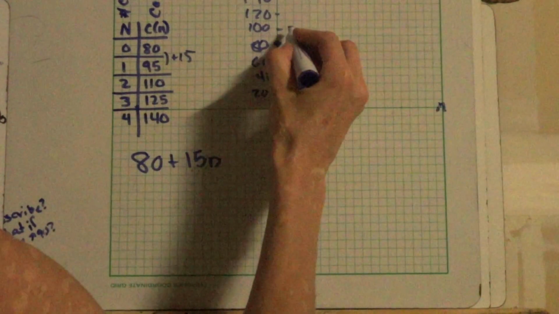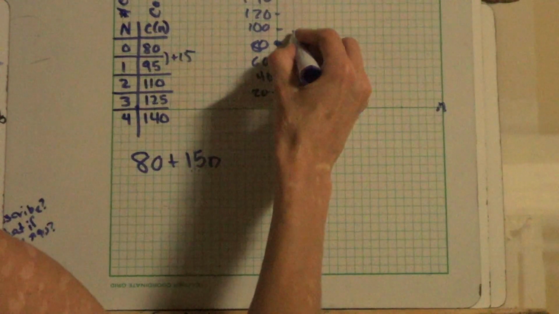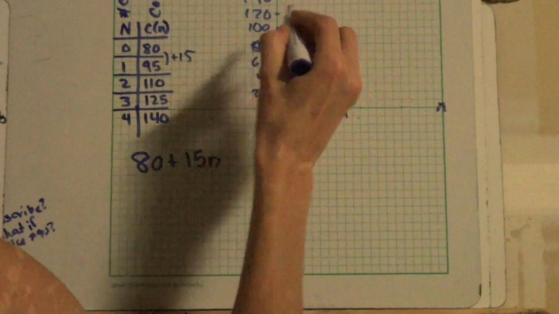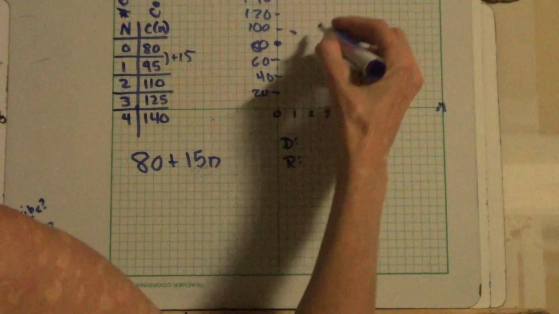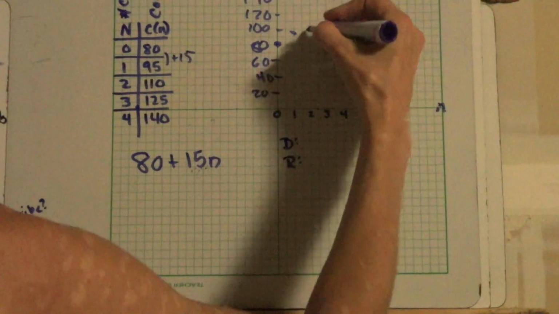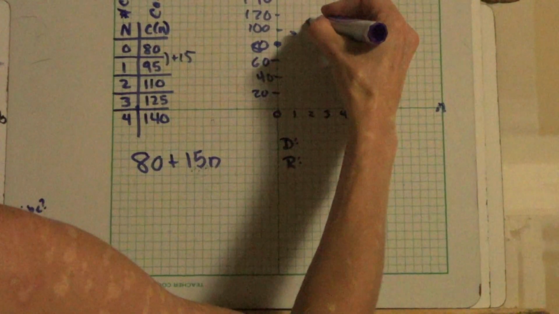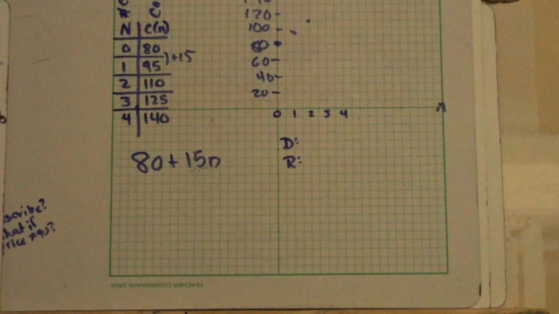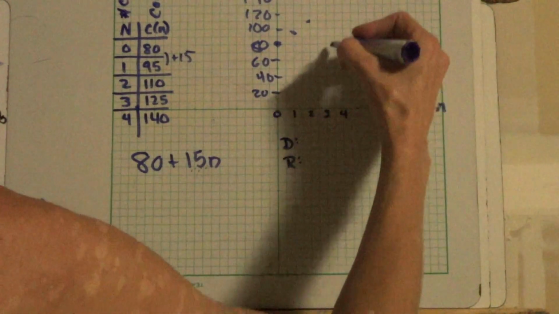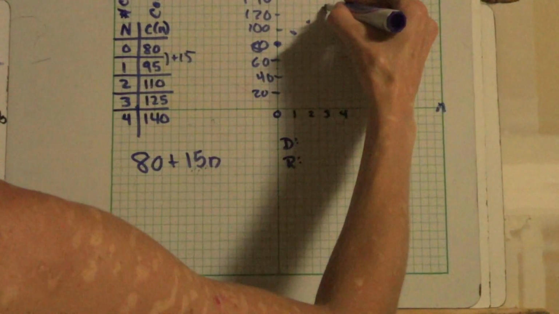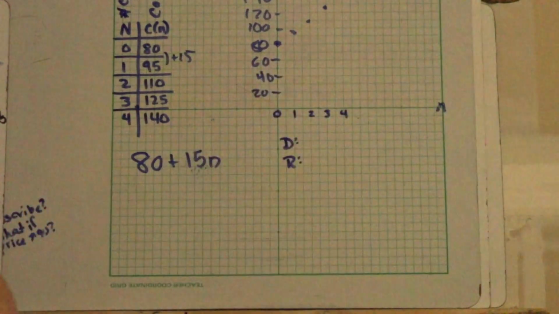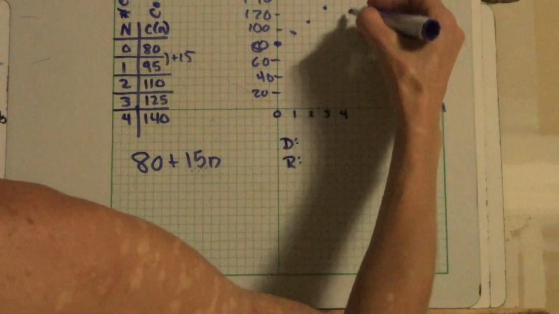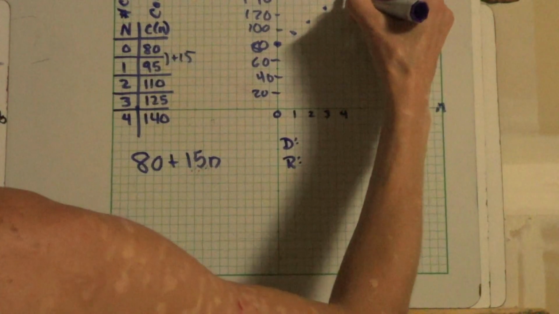At 1, we're at 95. So right about there. At 2, we're at 110. At 3, we're at 125. At 4, we're at 140.